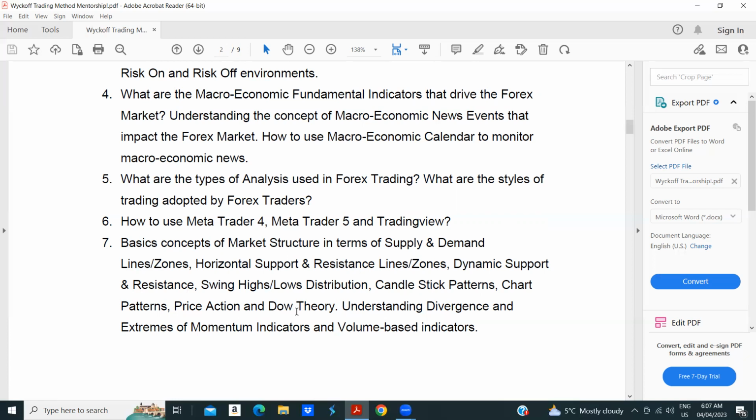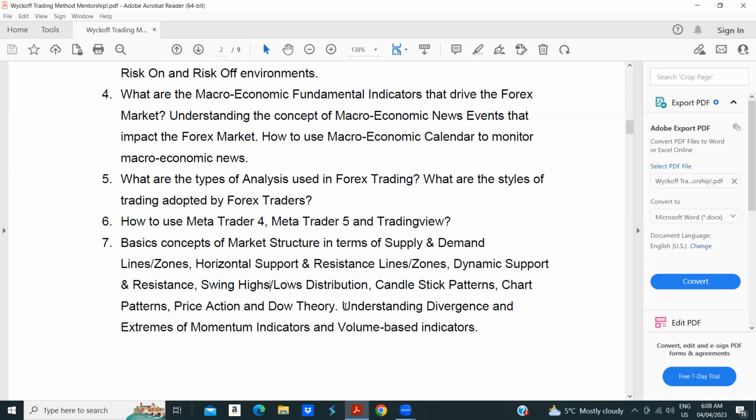We will not dig deeper into them, but we will get an overview of all of these concepts, because they will build the basic understanding and foundation of the Wyckoff method, which we're going to learn as we follow through this curriculum.